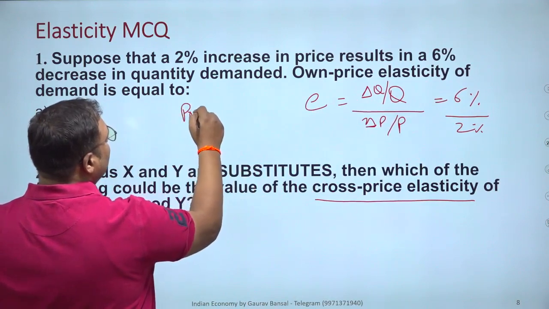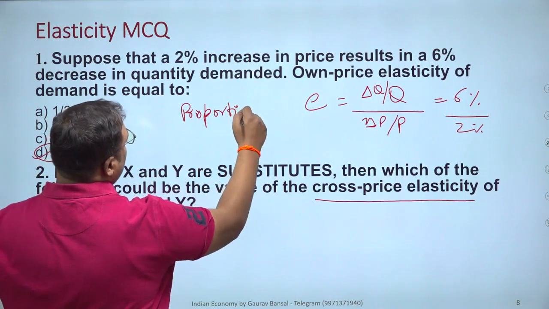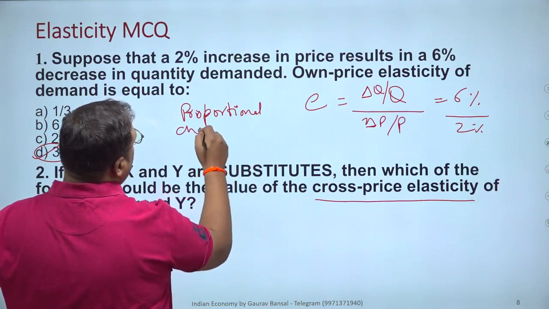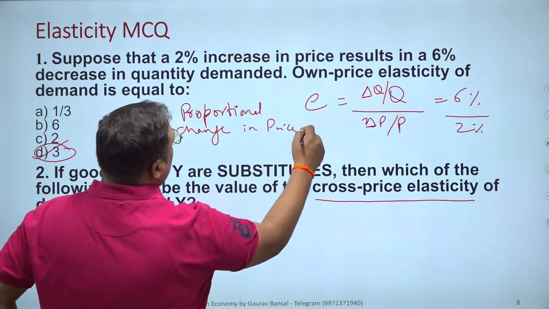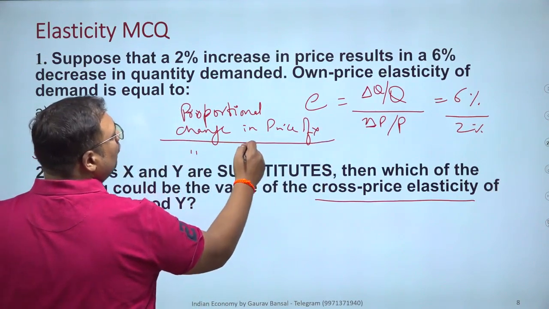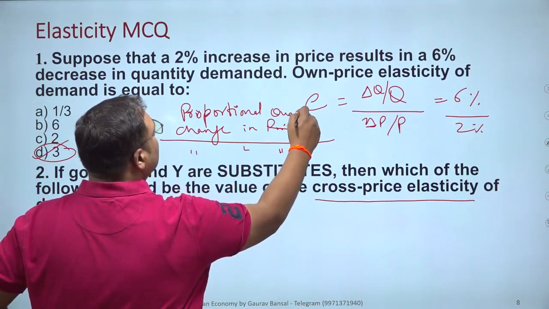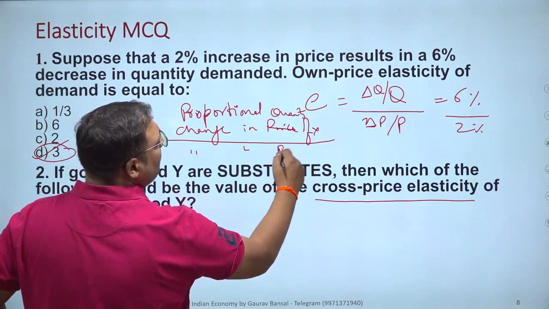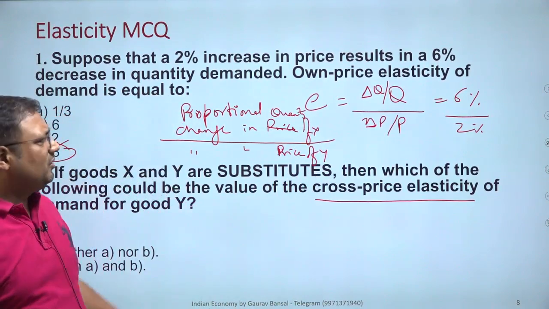Proportional change in quantity demand of X due to change in price of Y. This is cross price elasticity.